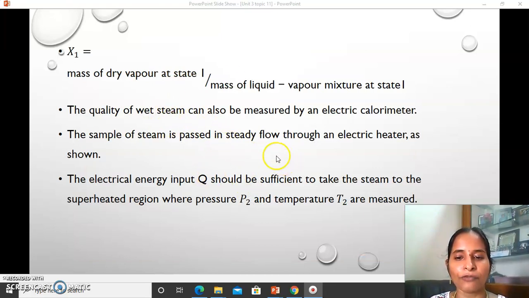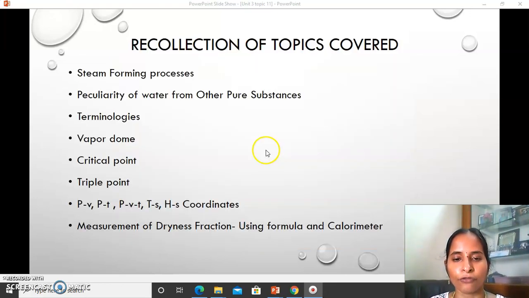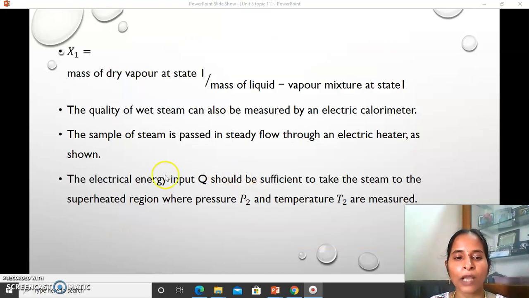Now here is the description of the electrical calorimeter. Let me explain. The steam is made to flow through the sampling tubes along with the transverse devices, and it passes through the electrical heater where its temperature rises. The electrical energy input Q given should be sufficient to take the steam to the superheated region.